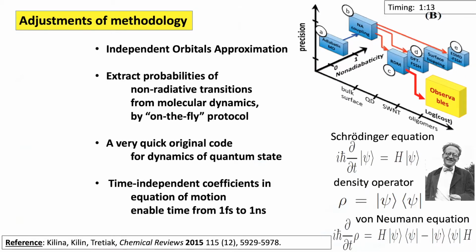And instead of using the wave function, it's convenient to use the density operator, and for dissipation there is the von Neumann equation of motion, which is similar to it.